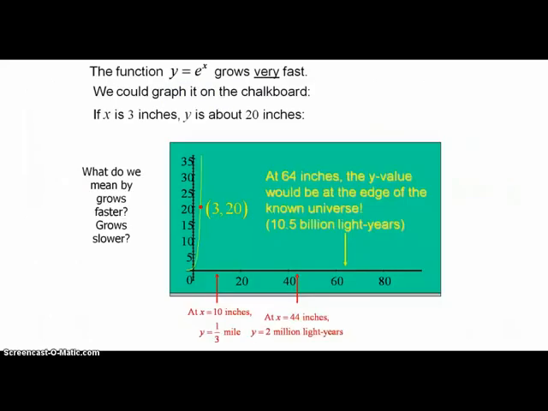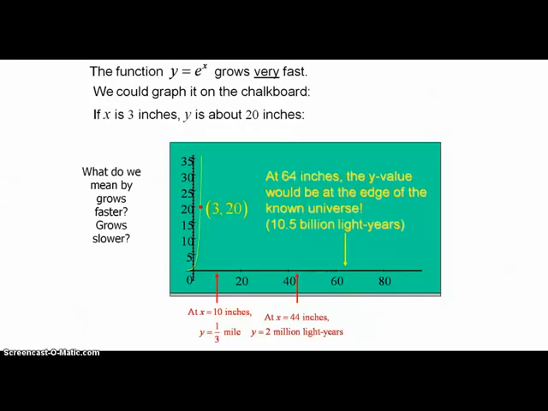So let's talk about the idea of convergence and divergence, and then comparing known functions. Here's the function y equals e to the x. We know a lot about this function. We know what the parent function looks like, and we know that it grows very fast. Bigger and bigger input values quickly lead to huge output values.